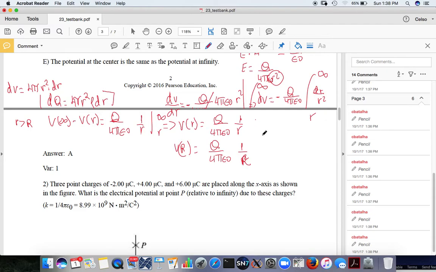We can use Gauss's law again to figure out the voltage at any part of the sphere.